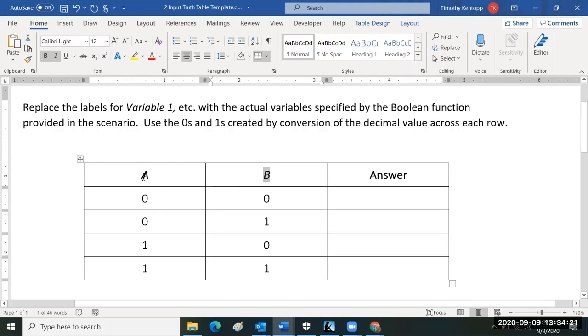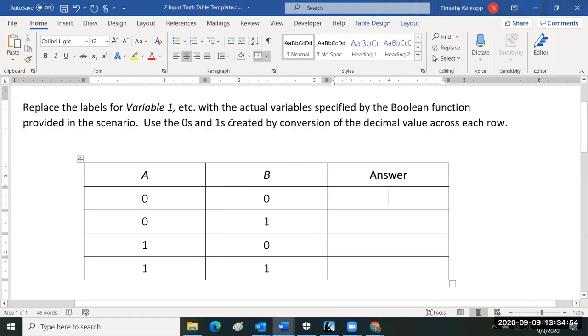And because there are two inputs, what's 2 squared? Anyone? 4. 4. There are 4 possible combinations of inputs. If A is 0 and B is 0, if the electricity is turned off going into wire A, if the electricity is turned off going into wire B, then the answer coming out would be 0, because there's nothing going in.